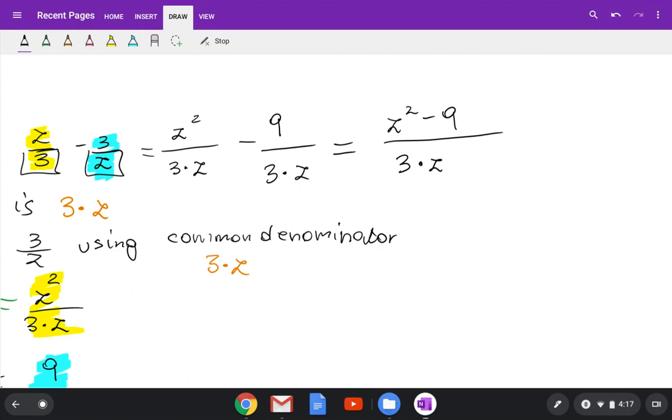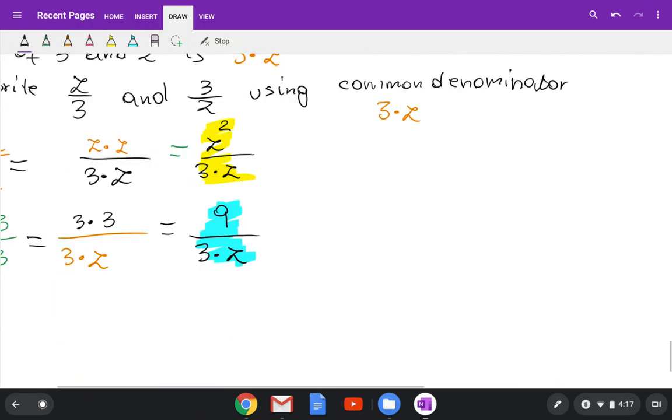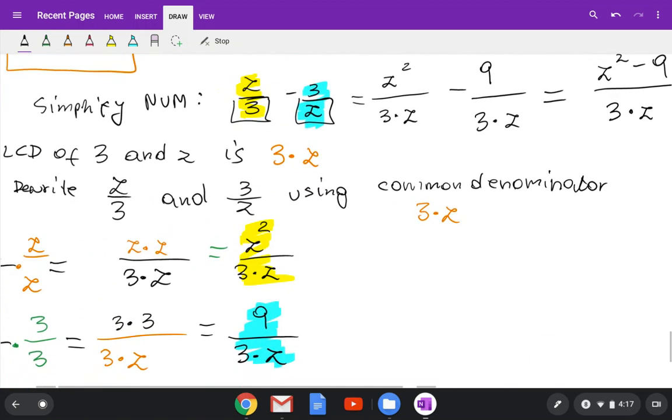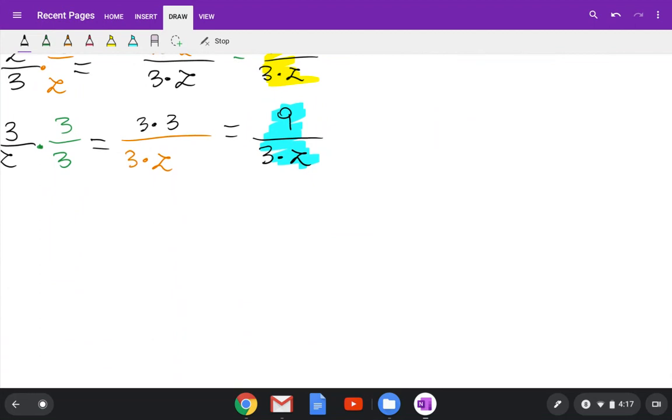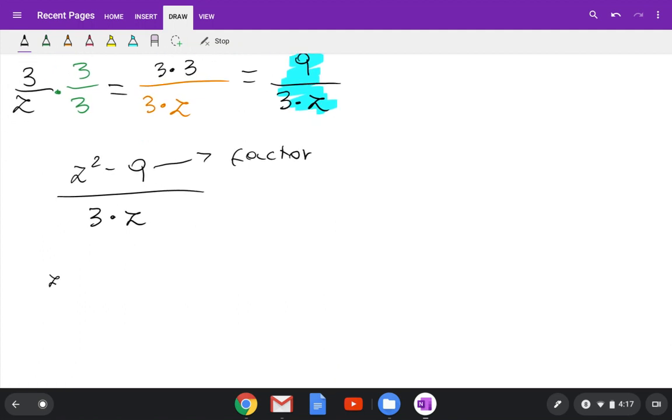Okay, so what I want you to do here, just go back, z squared minus 9. I want you to factor. You have to simplify completely. So I want you to factor this numerator. So z squared minus 9 is the same as z squared minus 3 to a second power.